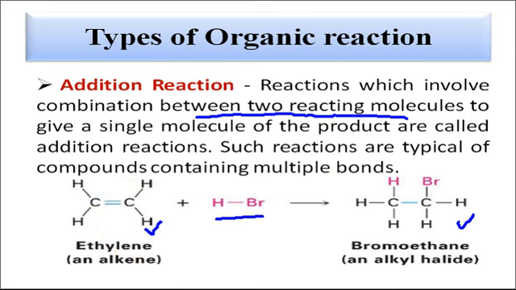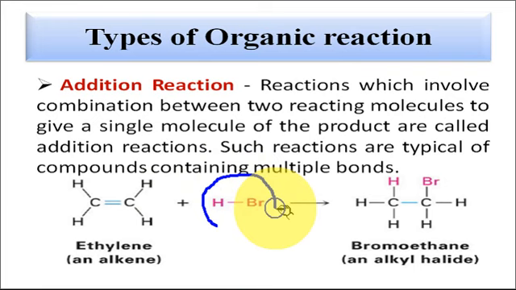Okay, for example, in this type of reaction, the attacking species or the reagent adds on to the substrate molecule. So the substrate molecule, that means the organic molecule, must have a double bond or a triple bond, must have unsaturation. Why?